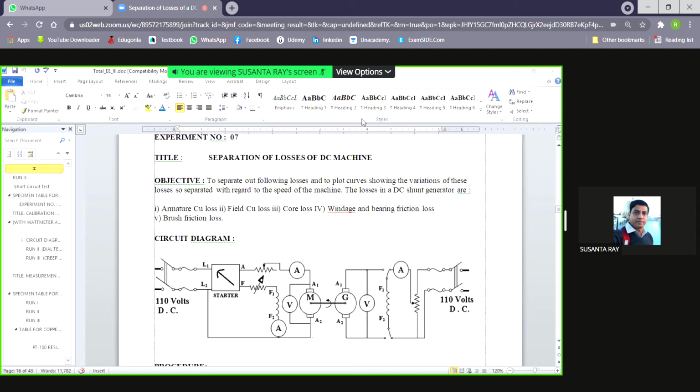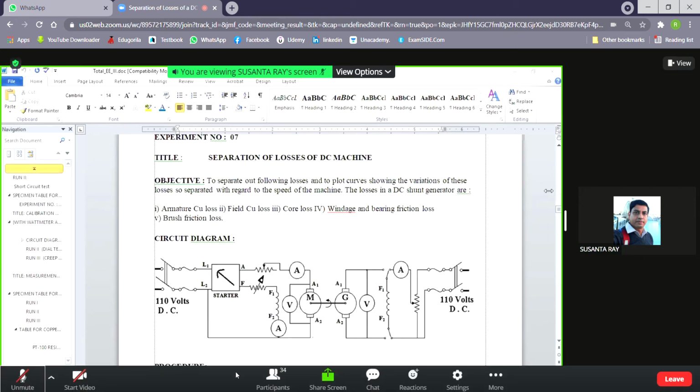Now there we have some magnetic flux reversal, because the rotor rotates continuously. And the magnetic flux reversal depends on the speed.